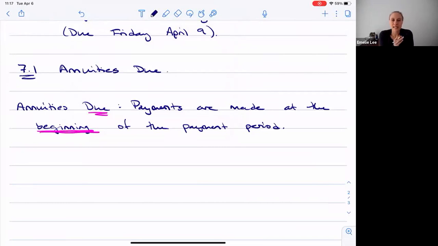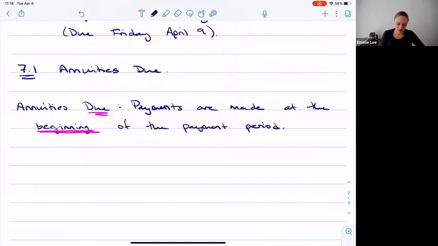Here's the thing, unless it clearly says that the payments are at the beginning of the month, the beginning of the day, the beginning of the year, then the default is at the end, which is what we've been working with, right?